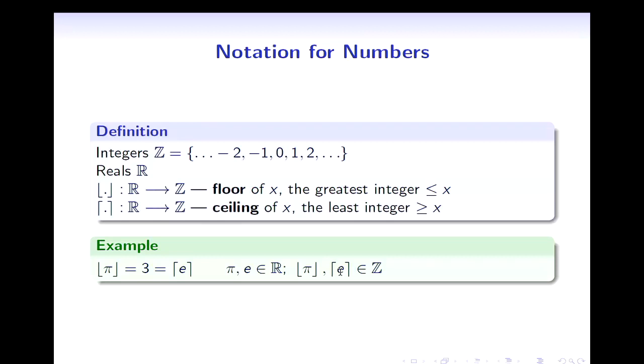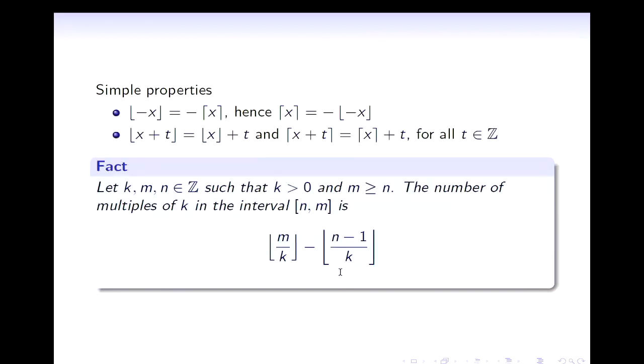Now, what can we do with floors and ceilings? First of all, one important property with negative numbers: one has to be a little careful, because the floor and ceiling sort of turn around when you look at negative numbers. Why is that so? If you take the floor of minus 1.5, say, then this would be minus 2, because it's the integer below minus 1.5. And it wouldn't be minus 1, because that would be above minus 1.5.